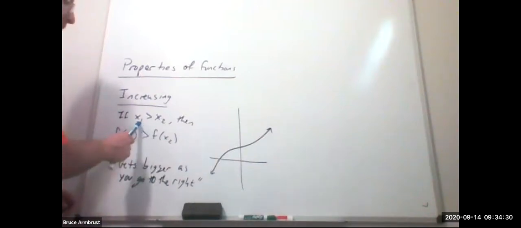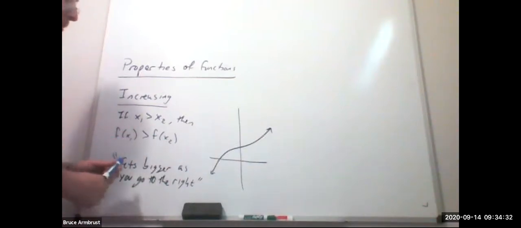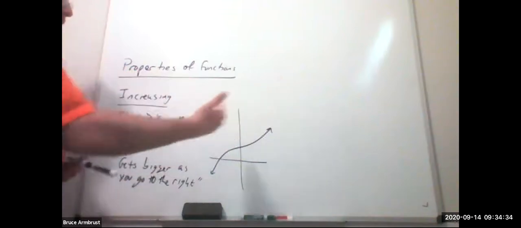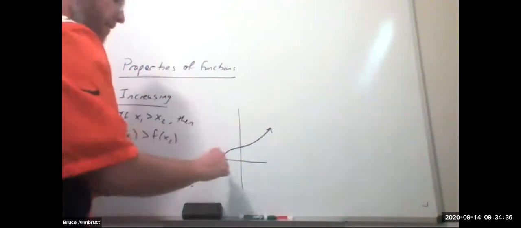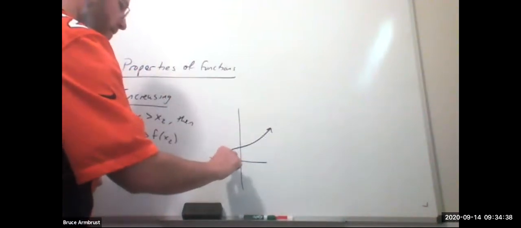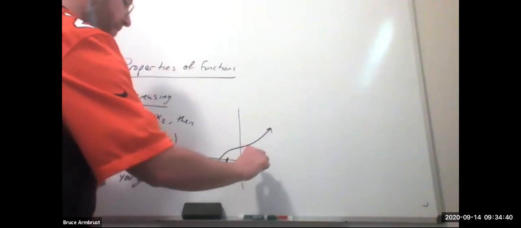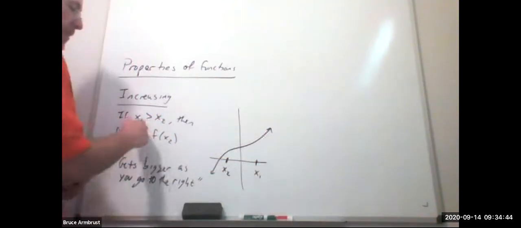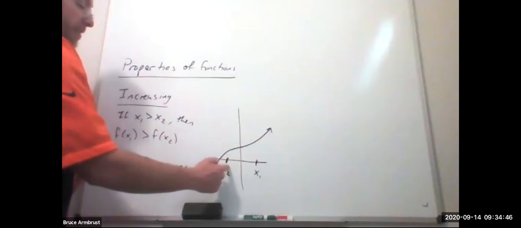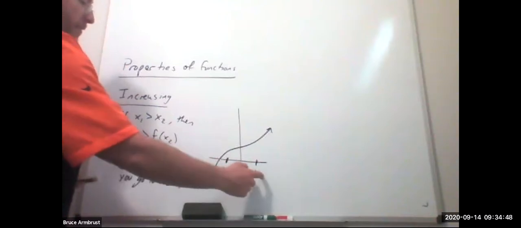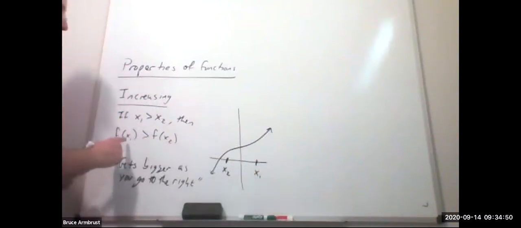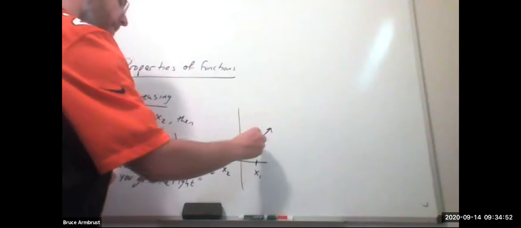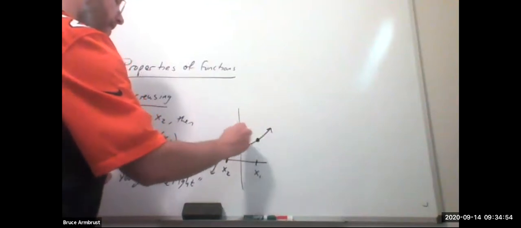So x1 is greater than x2. That means that it's somewhere to the right. So this would be, say, x2, and there's x1, right? So if x1 is bigger than x2, if x1 is to the right, then f of x1 is bigger than f of x2.